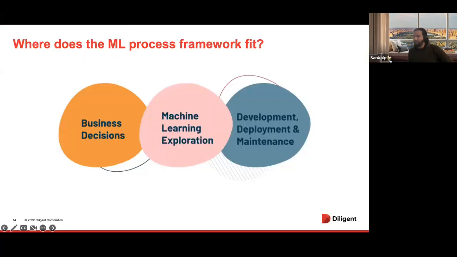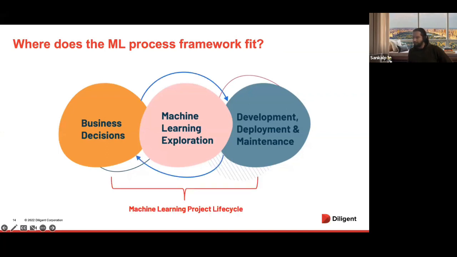Before that, let's take a look at where exactly the lifecycle would fit, right? As we were just looking at this high-level workflow of machine learning exploration, the lifecycle framework is exactly supposed to capture everything that you do within the machine learning exploration phase.